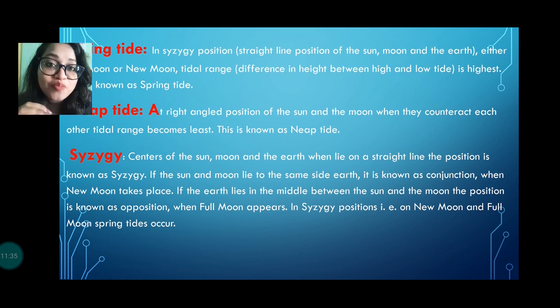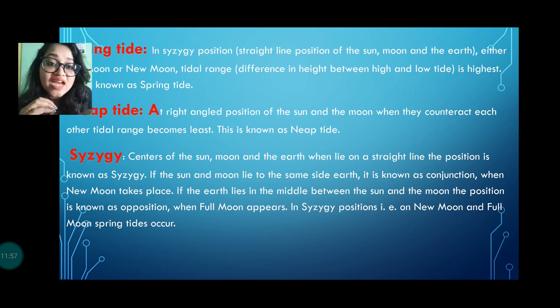Now this is the most important: syzygy. What is syzygy? The straight line positions. The sun is there, the moon and the earth; when the sun, the moon and the earth lie on a straight line, that position is known as syzygy.